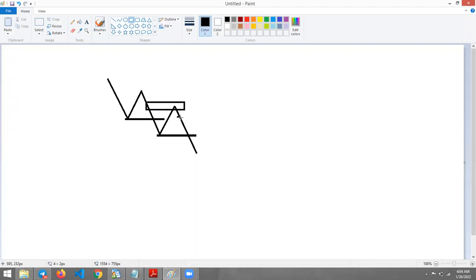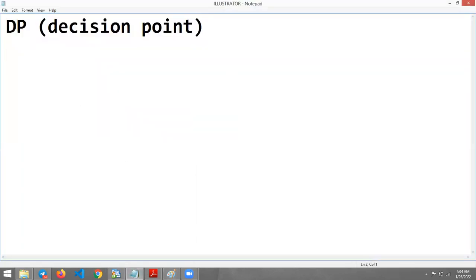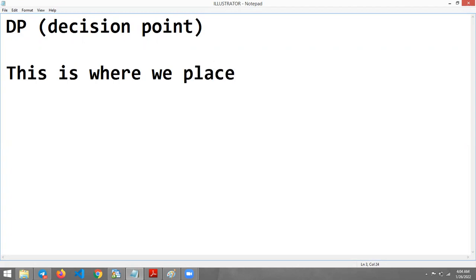A decision point is basically where we place our entries. This is where we place our entries.